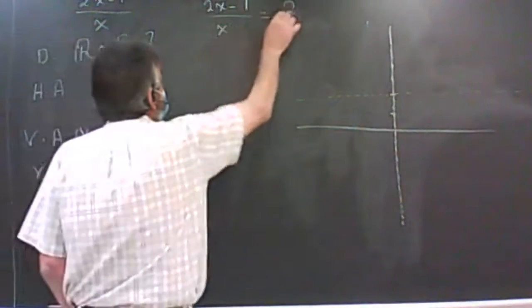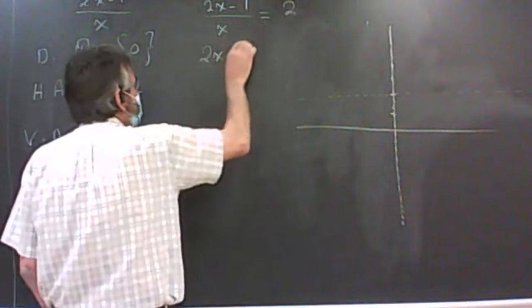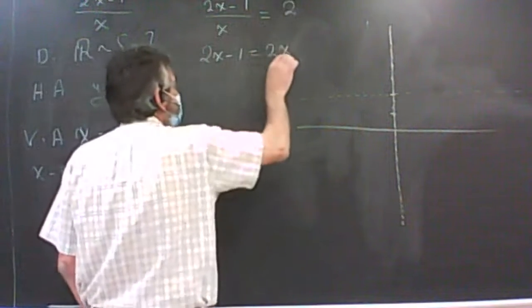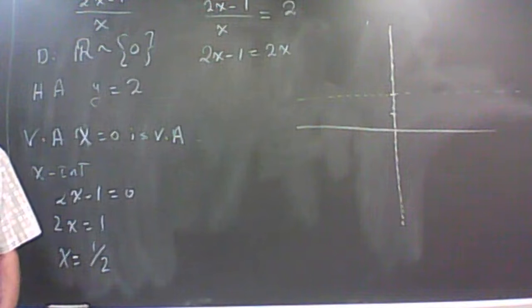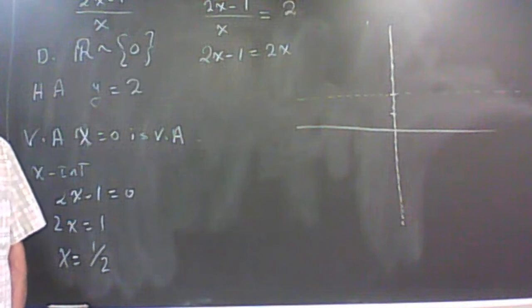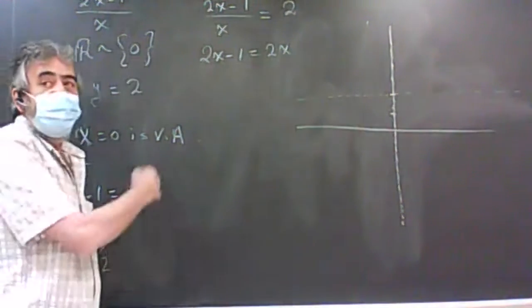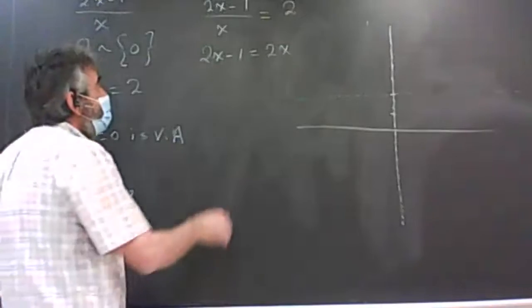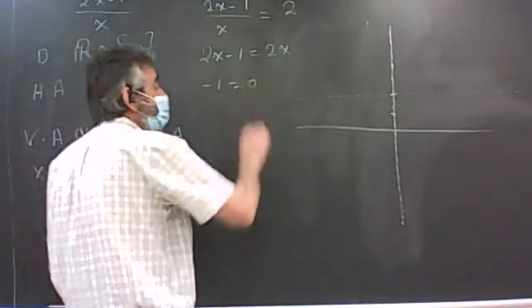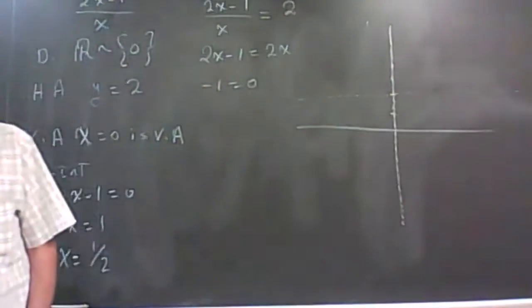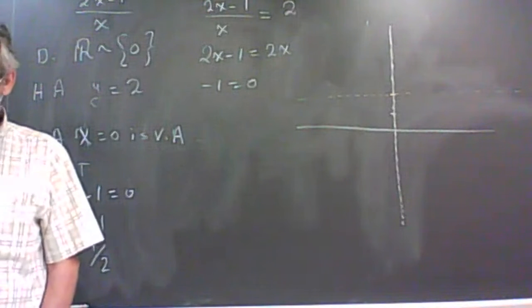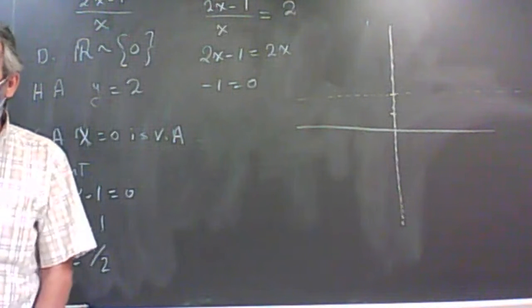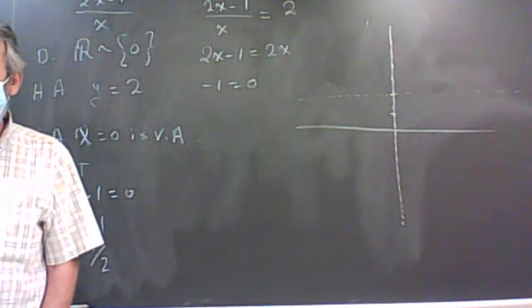To solve it, we cross multiply. 2x minus 1 equals 2x. Is this ever true? Let's bring all the x's to one side. So negative 1 equals 0. Is this true? No, so therefore the graph is not going to cross the horizontal asymptote that we have.